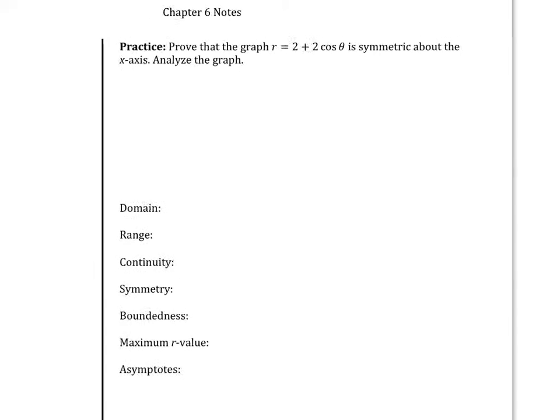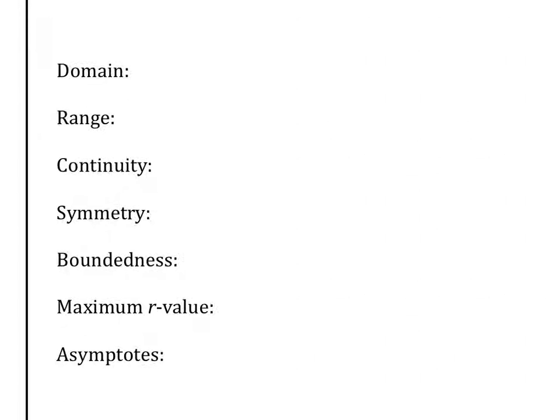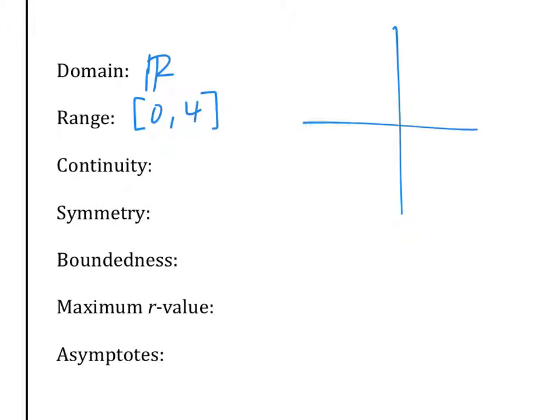All right, let's have you guys practice. Domain. Actually, let's go down. Okay, Cami, let's start with you. What's the domain? Good. Elizabeth, what is the range? 0 to 4. Okay, I know some of you are looking at it and saying that it doesn't look like it.